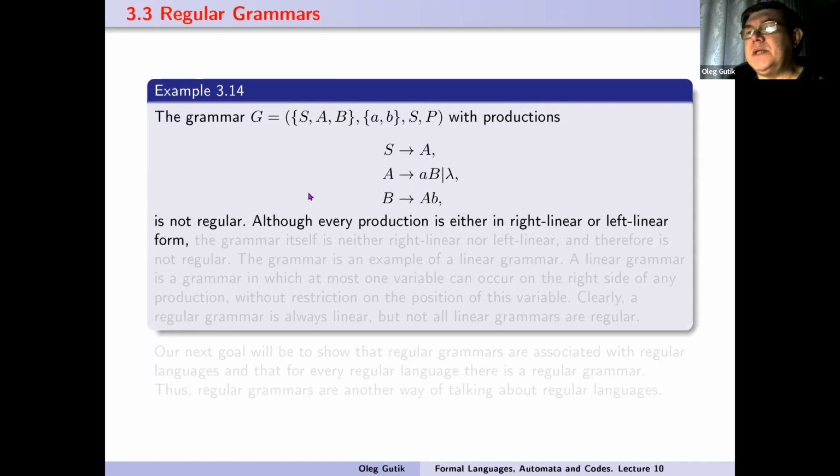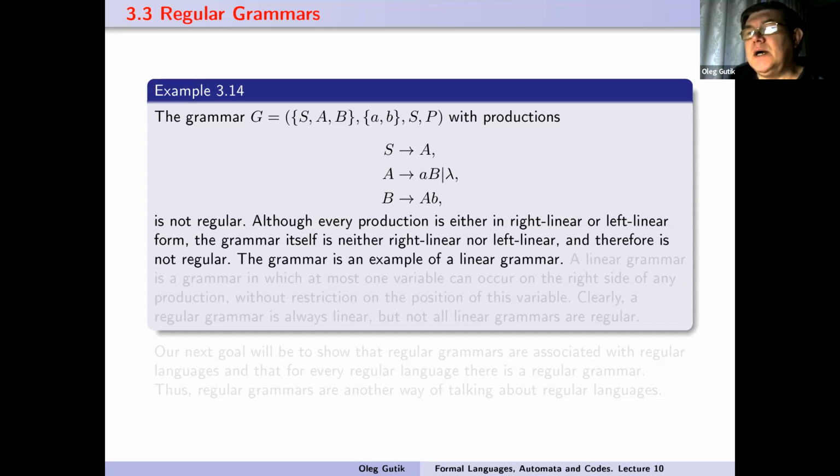Also, every production is either in right linear or left linear form. The grammar itself is neither right linear nor left linear, and therefore is not regular. The grammar is an example of a linear grammar.